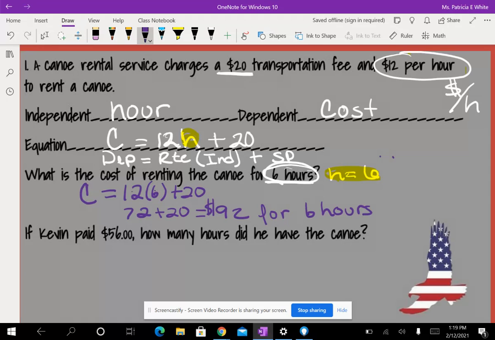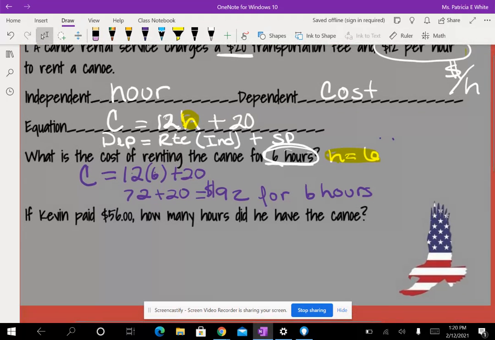All right, let's try a little bit different angle here. What if I don't give you the number of hours, but I say Kevin paid $56? Well, that's my cost, right? So this time, C equals 56. So I'm going to take out the 56, and I'm asking how many hours.